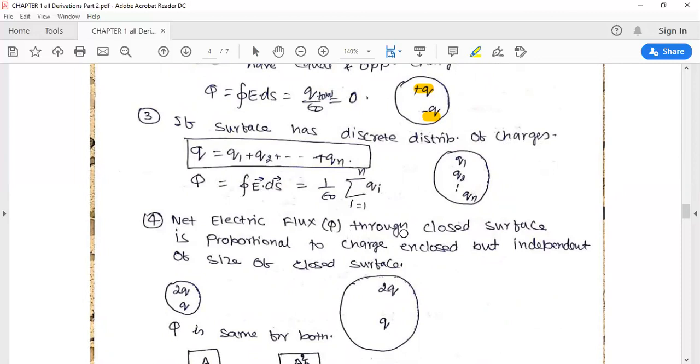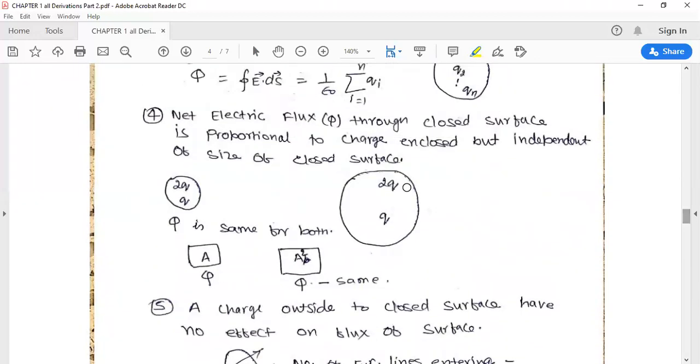Net electric flux through a closed surface is proportional to the charge enclosed but independent of the size of the enclosed surface. This does not depend on size, so it depends only on charge.